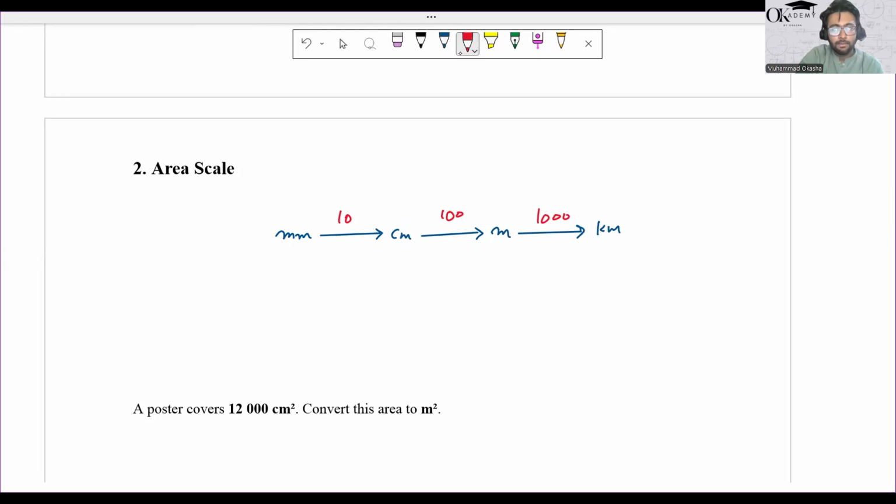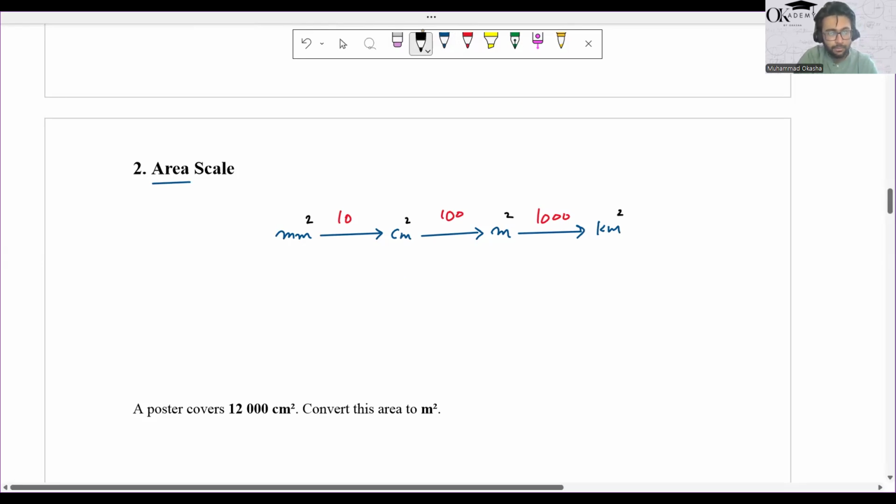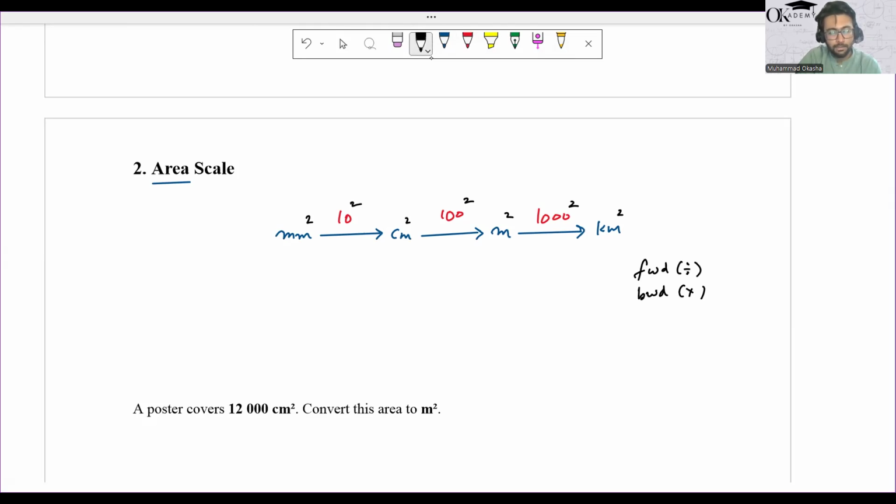Because area is the square of length, I'll take the square of everything. So this would be written as millimeter squared, centimeter squared, meter squared, and kilometer squared. Because these quantities are being squared, I will also square their conversion ratios. Everything else is the same. Forward is still division and backward is still multiplication.